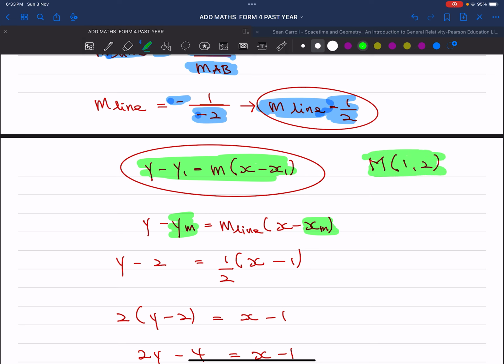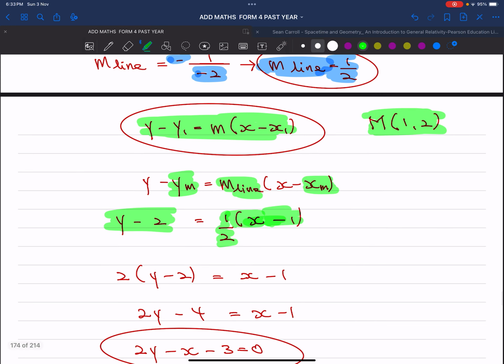So y minus ym, ym is 2, so I get y minus 2, and the gradient of the line was 1 over 2, brackets x minus, the x coordinate of the midpoint was 1, so minus 1.